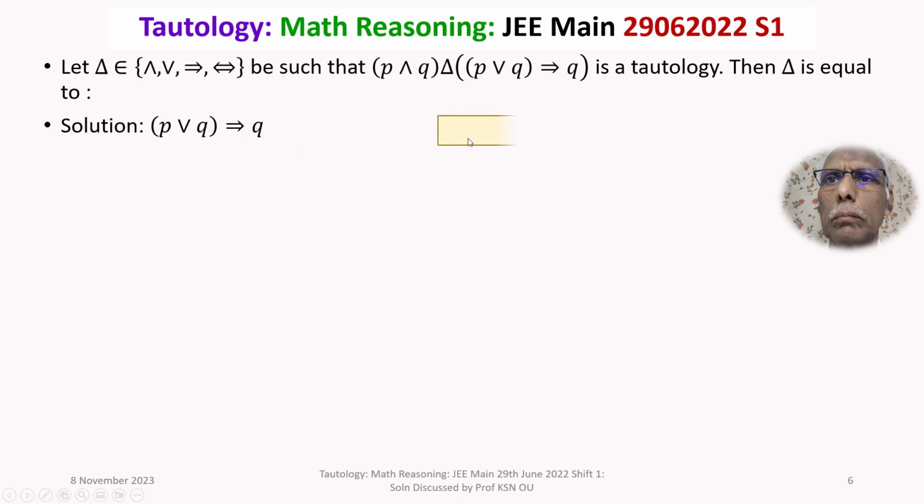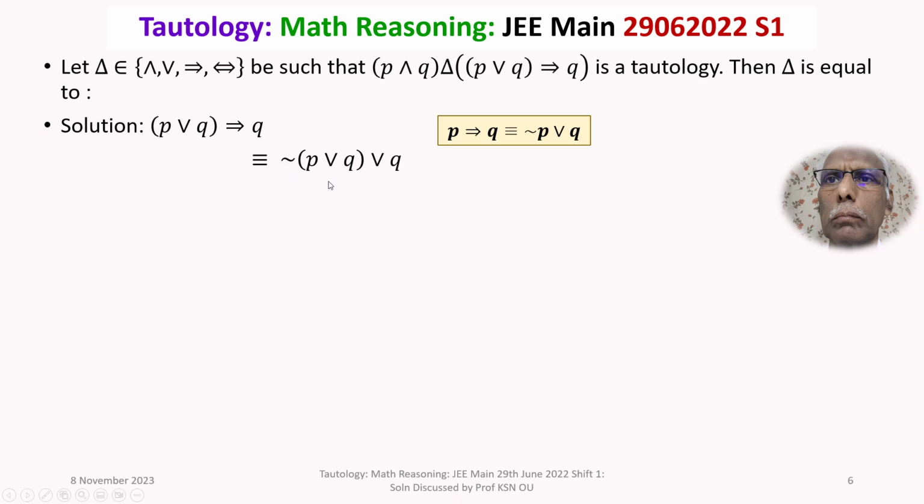We recall this result: P implies Q is equivalent to negation of P or Q. Applying this here, (P or Q) implies Q will be negation of (P or Q) or Q.